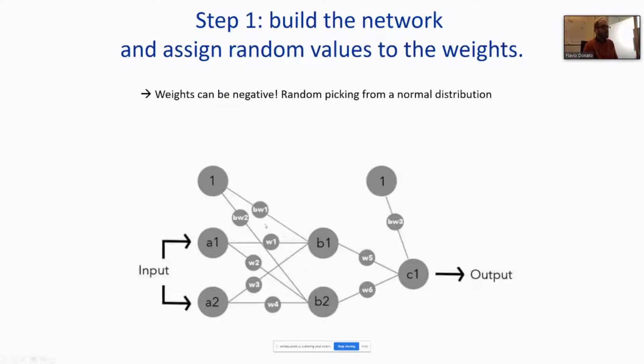And now you assign to each one of these weights, even the one with the bias, a random value. Usually you set up this random value to be picked from a normal distribution, which can be centered around different values. Normally this normal distribution, sorry for the alliteration, can be centered around 0, which means, to go back to the question that Anna was asking today, that the weights can be negative.